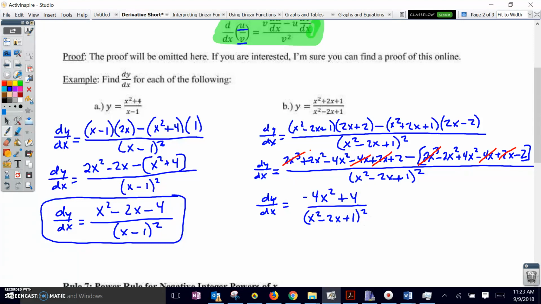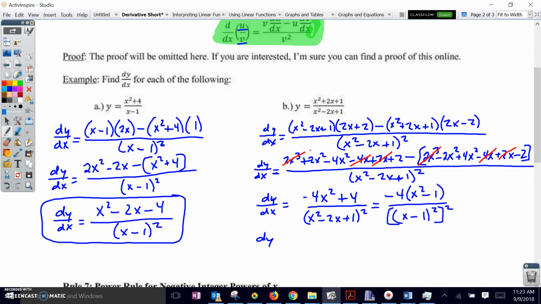Now I look at this and I think I want to try and simplify this a little bit more. I can factor a negative 4 out of the numerator, and that turns this into negative 4 times the quantity x squared minus 1. I also recognize that x squared minus 2x plus 1 is the quantity x minus 1 quantity squared, which we're squaring that.